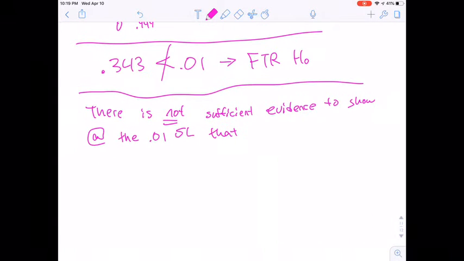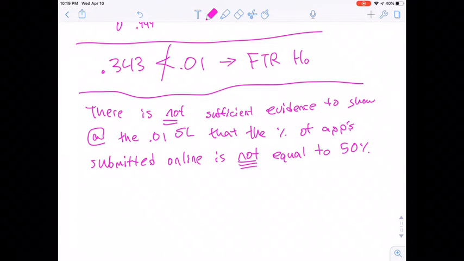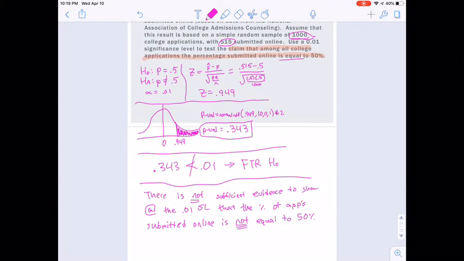We're going to say that the percentage of applications submitted online is not equal to 50%. A little tricky in the wording there. We had to go to the context from the claim, but the alternative is a not equal to, so we're not going to say is equal to, we're going to say is not equal to. That's kind of how all those not equal to's end up being.